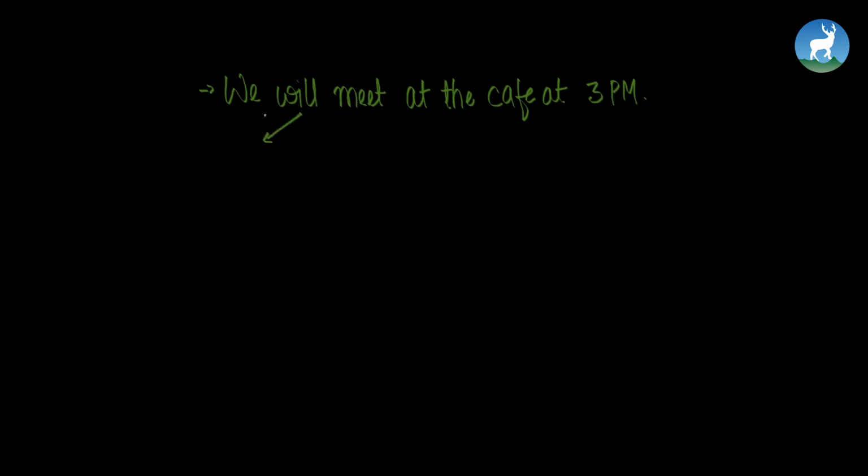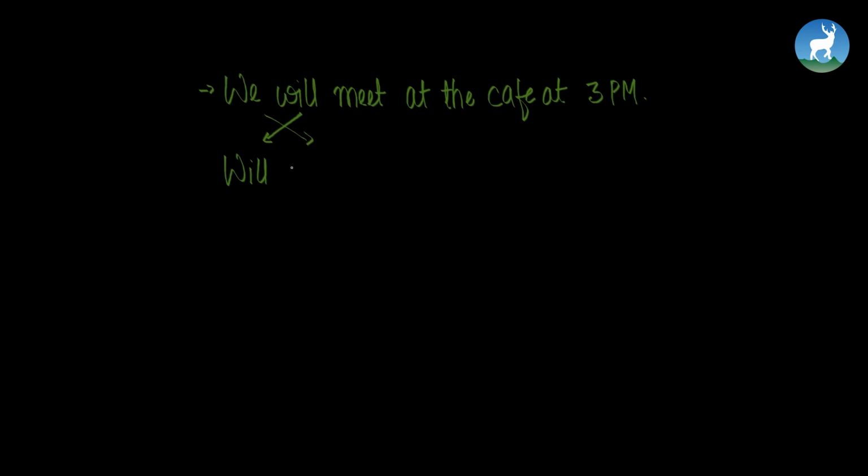Let's take another example to clarify any misconceptions if you have. So, we will meet at the cafe at 3 p.m. So, this is a sentence. Now we're going to convert this into a question, and the question is such as the answer will be either yes or a no. Just invert it.